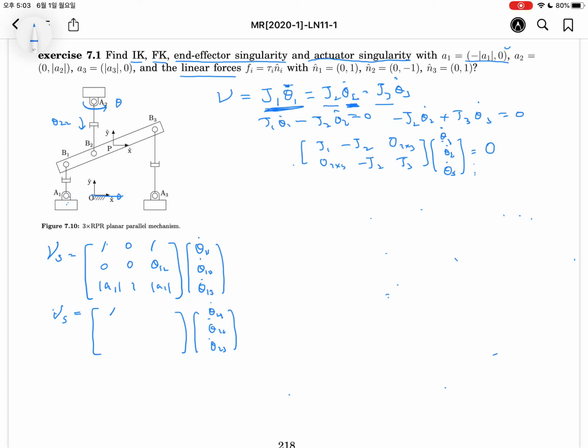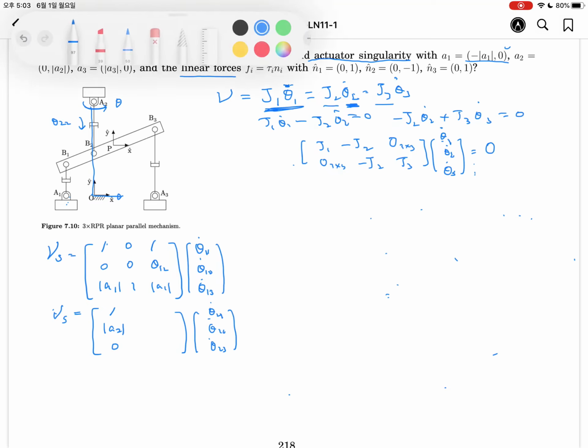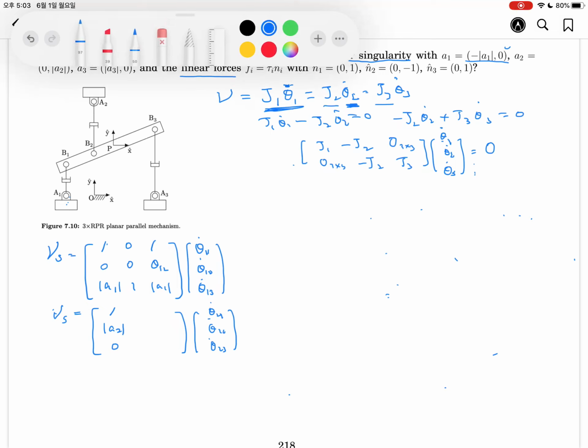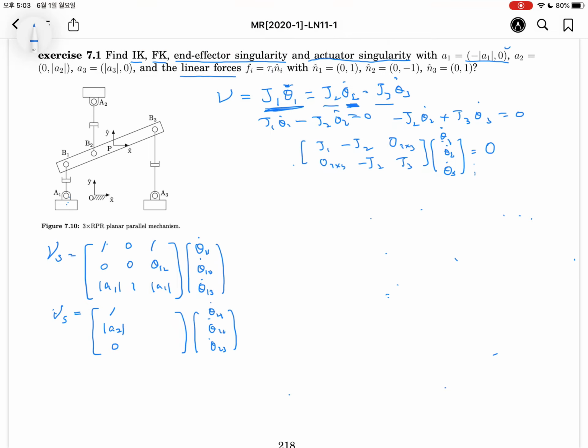So it is dependent on the x direction. So the magnitude of this part is the a2. Okay, and 0. Like this, we can find out first the screw axis of the second leg.